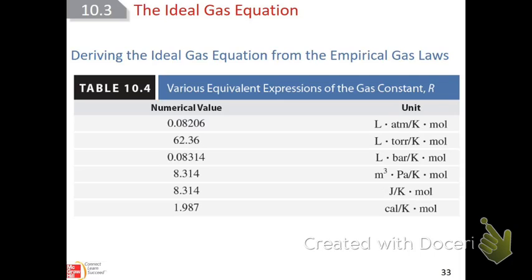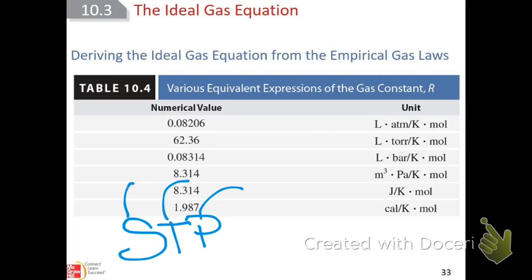We know that this is at STP, and those units that STP stands for: the S is for standard, the T is for temperature, the P is for pressure. Well, we know pressure in this case can be any of these things: 1 atm, 101.3 kPa, 760 millimeters of mercury, or 760 torr.